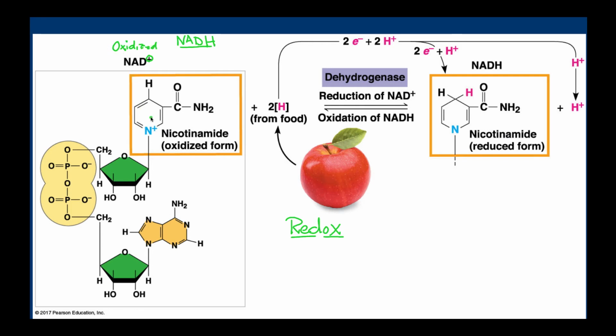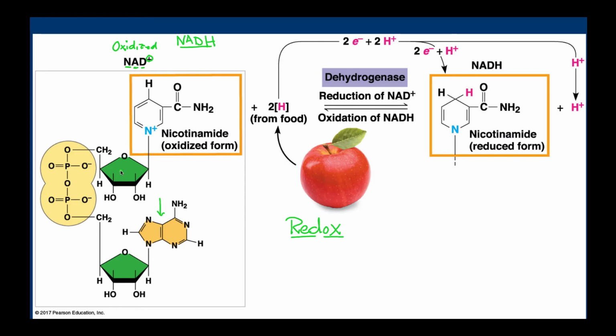And what that's telling us is right here, okay, NAD, and we're going to call it NAD. It stands for nicotinamide adenine dinucleotide. Okay, so the adenine is the nitrogenous base. We've seen that before in DNA and ATP.